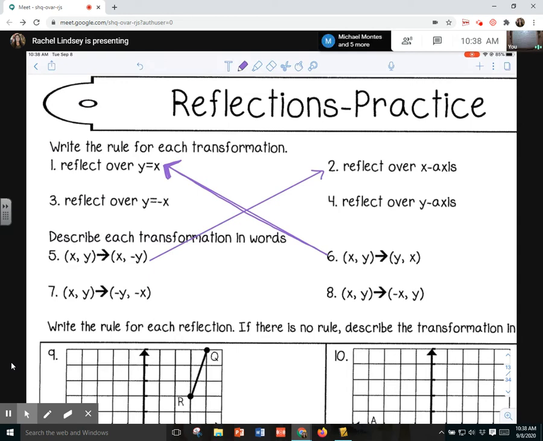Okay, then y equals -x matches with number 7. And y-axis matches with number 8.